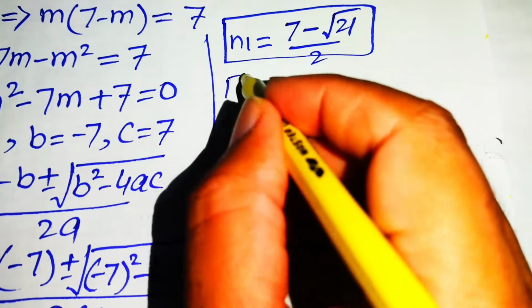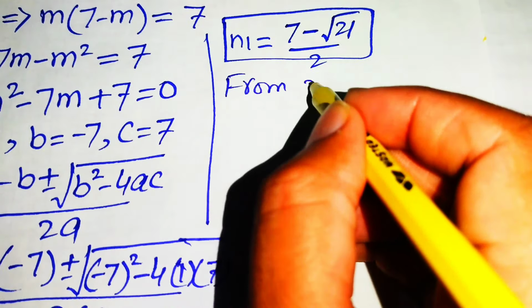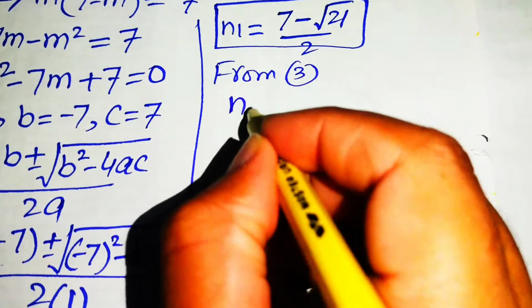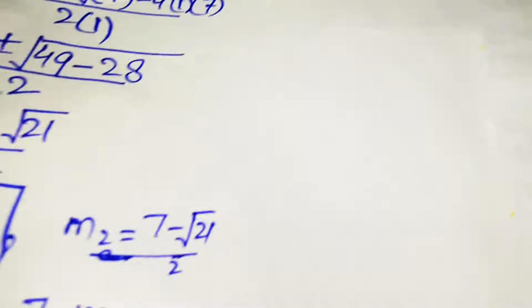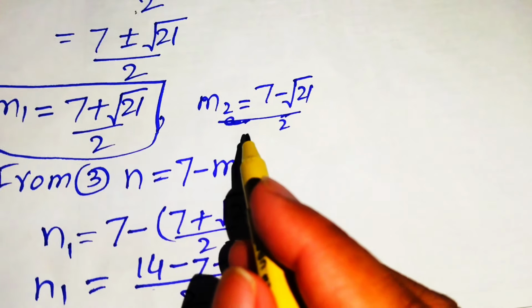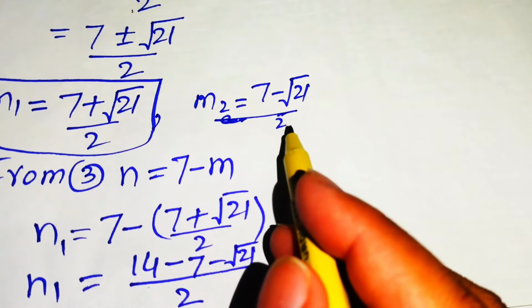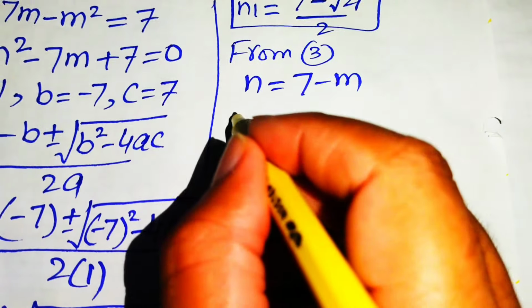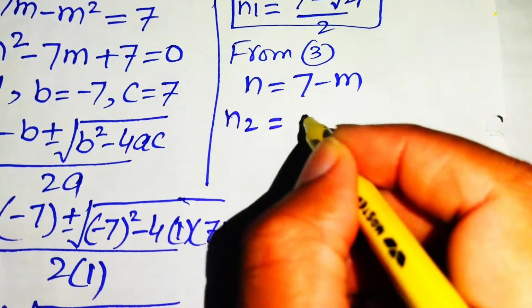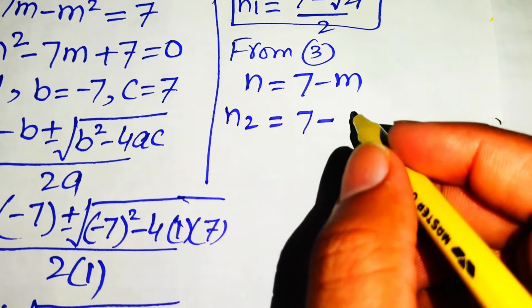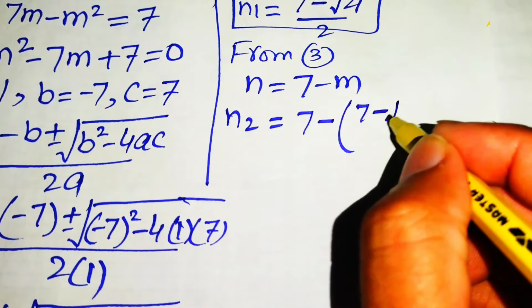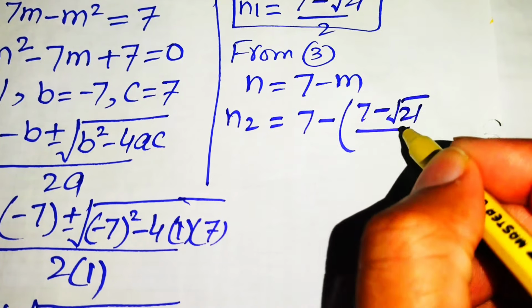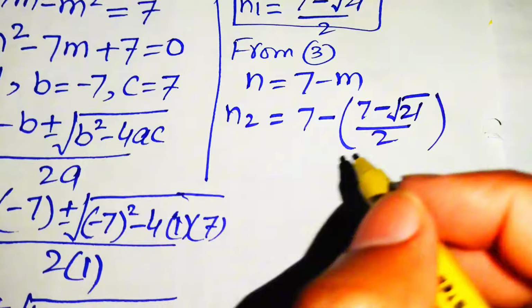Similarly, we substitute the second value in equation number 3. First we copy down equation number 3: n equals 7 minus m, and now we substitute m2, which is 7 minus square root of 21 over 2. We call this n2, and 7 minus the value of m2 gives 7 minus 7 minus square root of 21 divided by 2.